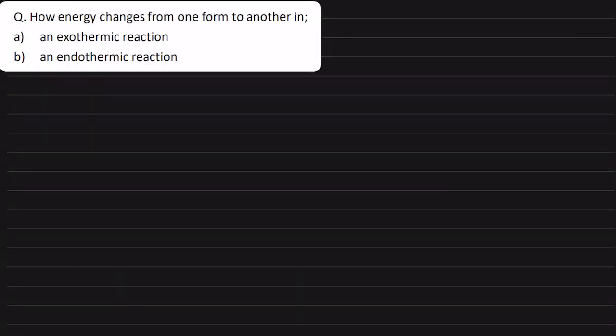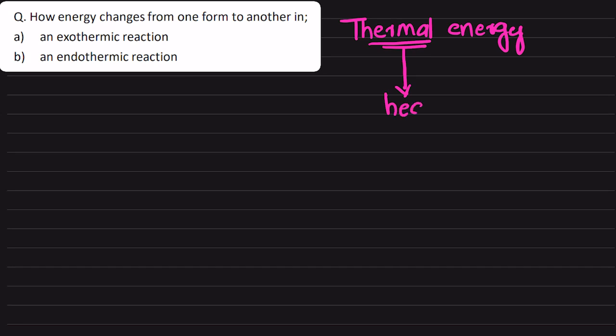We have another form of energy, which we call thermal energy. What do we mean by thermal energy? From the word itself we can understand that thermal means something related to heat. During chemical reactions, some reactions need energy to carry out the reaction.